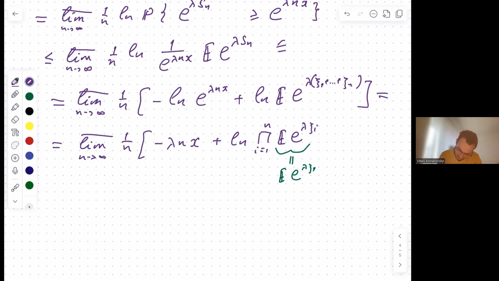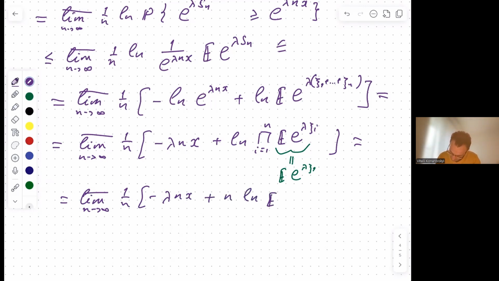You can move that power n outside the logarithm. You obtain the limit as n goes to infinity of 1 over n times minus lambda n x plus n logarithm of the expectation of e to the power lambda xi. Now you see that you can precisely compute the limit here, because you have n here, which will be divided by this n.